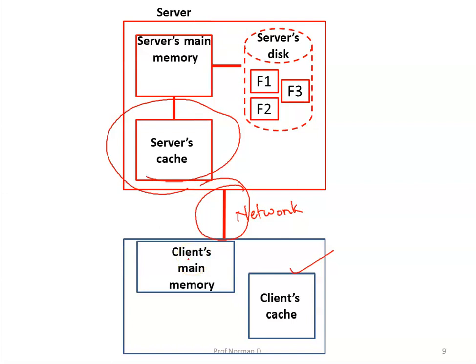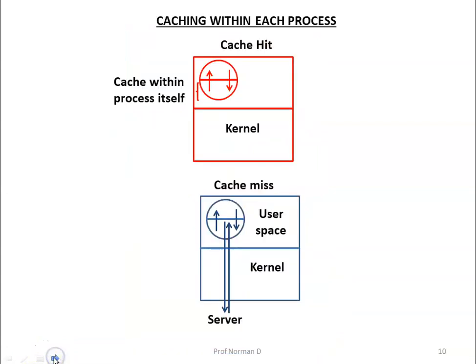Of course, if large amounts of data are being used, a client cache may be better. In any event, most systems that do client caching do it in the client's main memory. So we will concentrate on that.